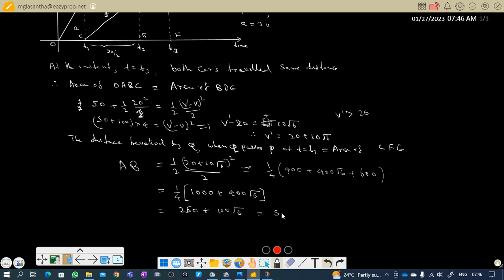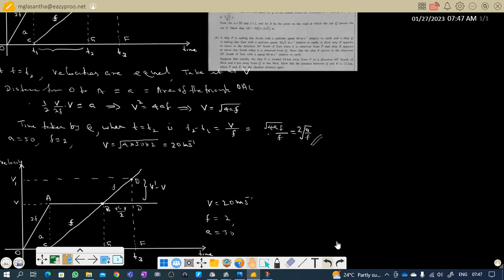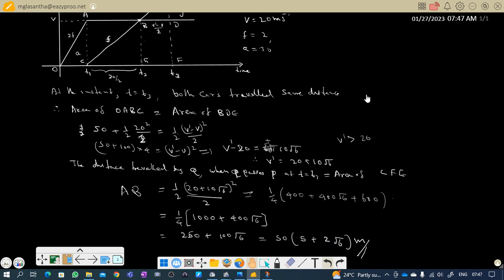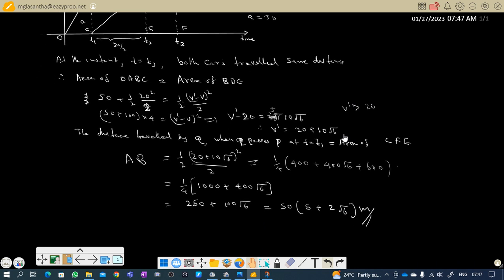You can take 50 out: 50 times 5 plus 2 root 6 meters. This much meter. So that part is over. That is part A of this sum. Let's see part B. How to do part B?